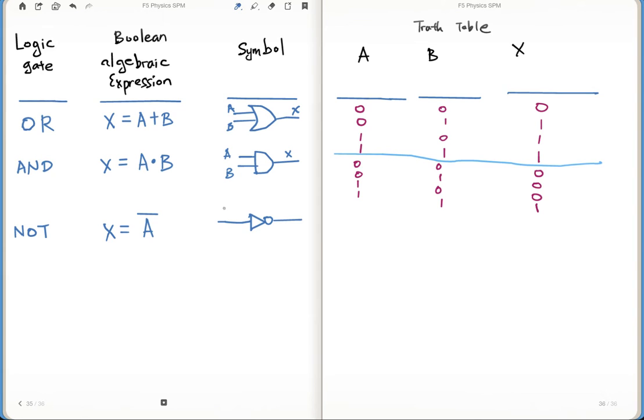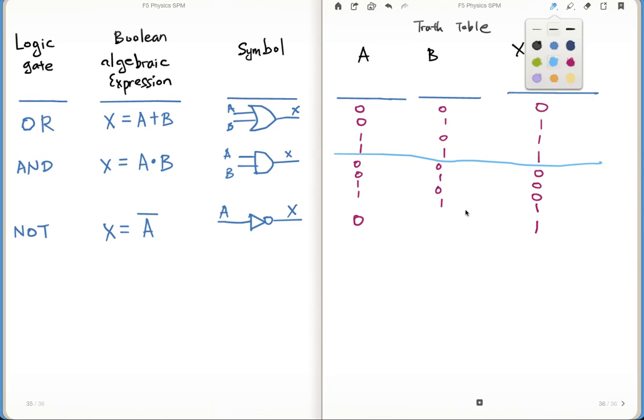So you have A here as input, and this is your X. Your X is always on the right hand side. So this is rather simple. In the event when you have 0, bar, therefore you have output 1. There's no B because there's only one input.